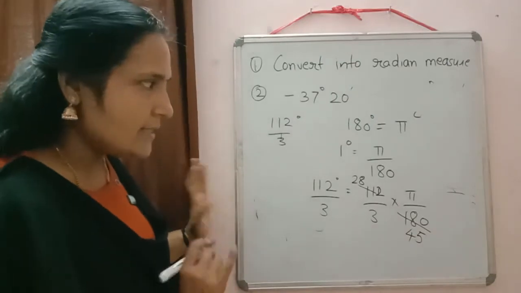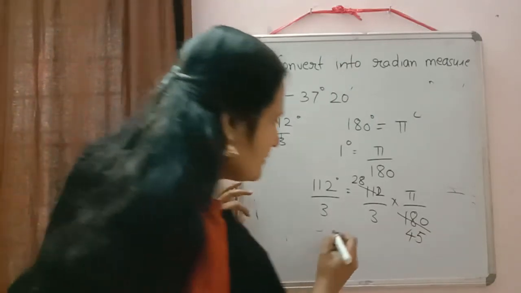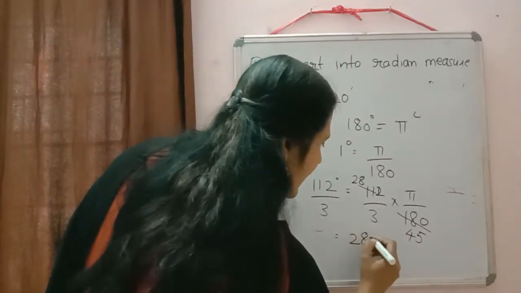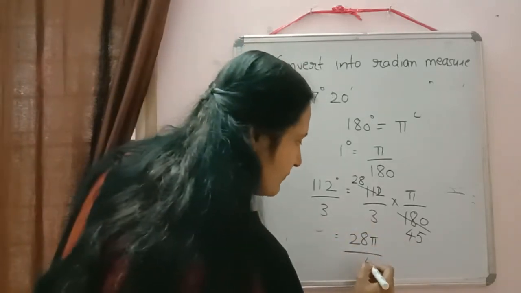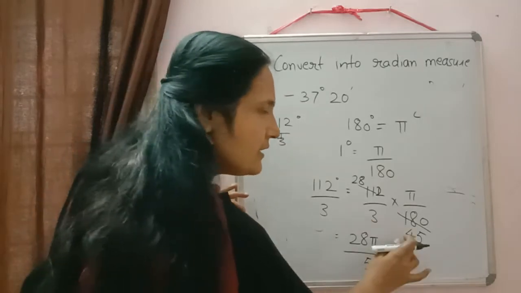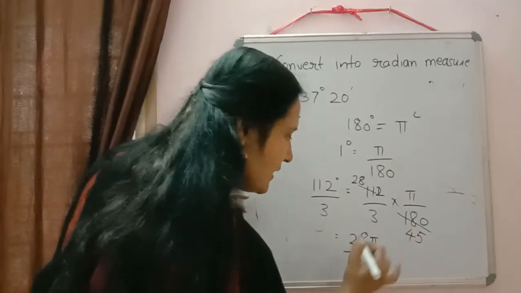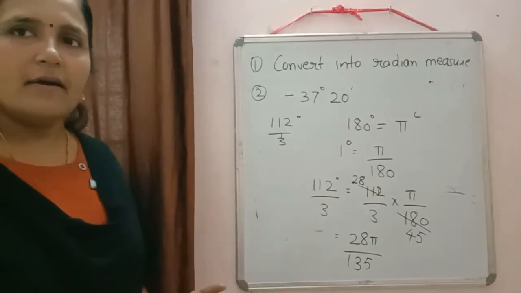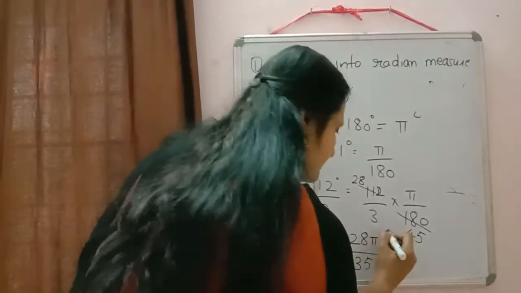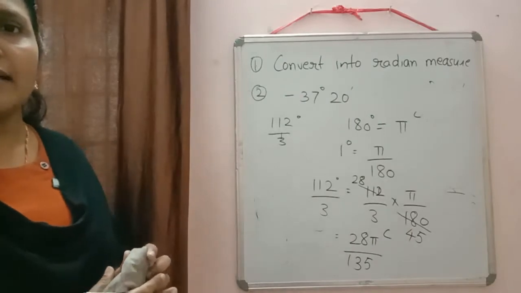Correct? Now I think it will not get cancelled. So the remaining is 28 pi by 135 radian. At last you can write down the radian.